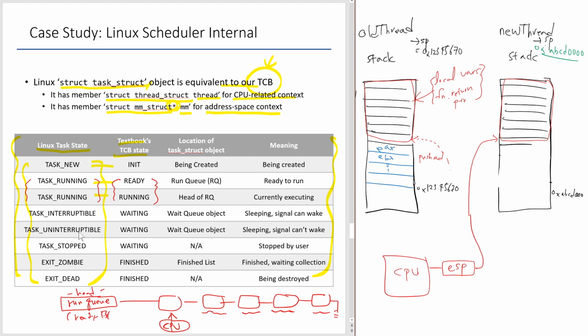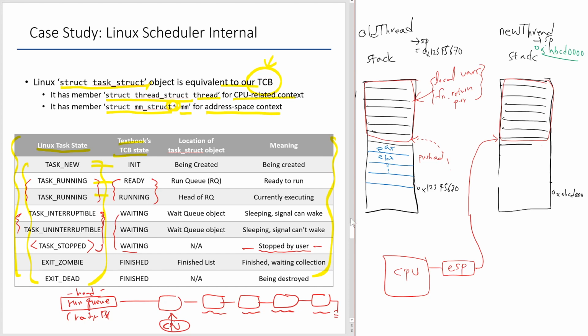All right, in Linux there are three different waiting states: TASK_INTERRUPTIBLE, TASK_UNINTERRUPTIBLE, and TASK_STOPPED. TASK_STOPPED is the state where the task is put into waiting because it was stopped by the user. For most waiting, the I/O waits and synchronization waits, the corresponding task states are TASK_INTERRUPTIBLE and TASK_UNINTERRUPTIBLE.